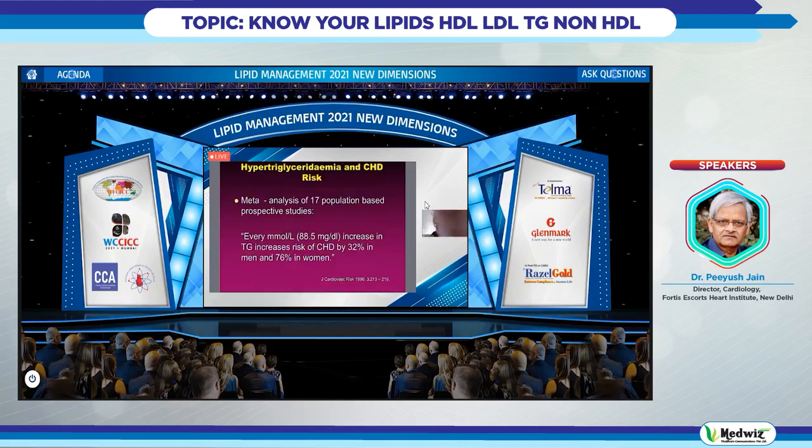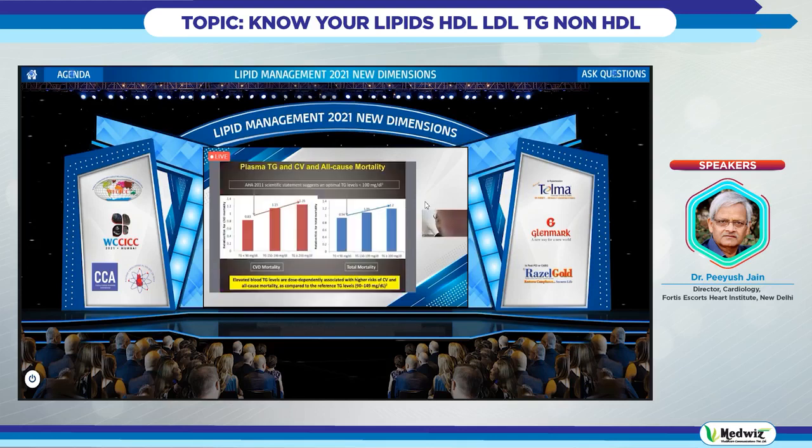Now, despite the fact that we have observational studies and meta-analyses of population-based studies, whether hypertriglyceridemia per se is an atherogenic factor independently is really not known. And it is quite possible that high triglyceride risk, as far as atherosclerosis is concerned, could be because not of triglyceride, but because of the other markers which have an independent effect, like small dense LDL and low HDL cholesterol.